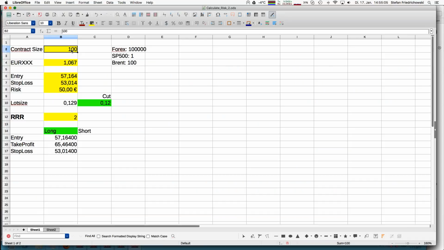So I go to the Excel sheet. Contract size Forex, as we know, is 100,000.